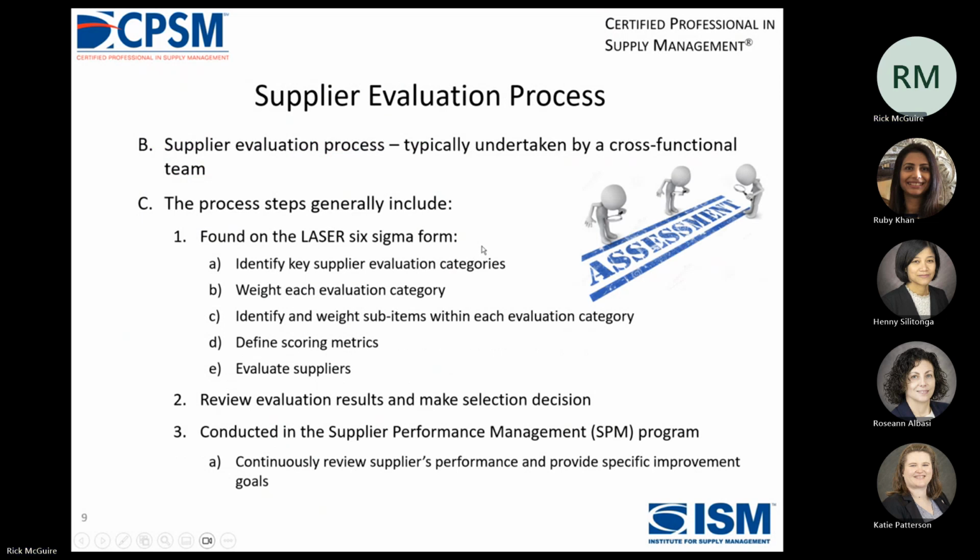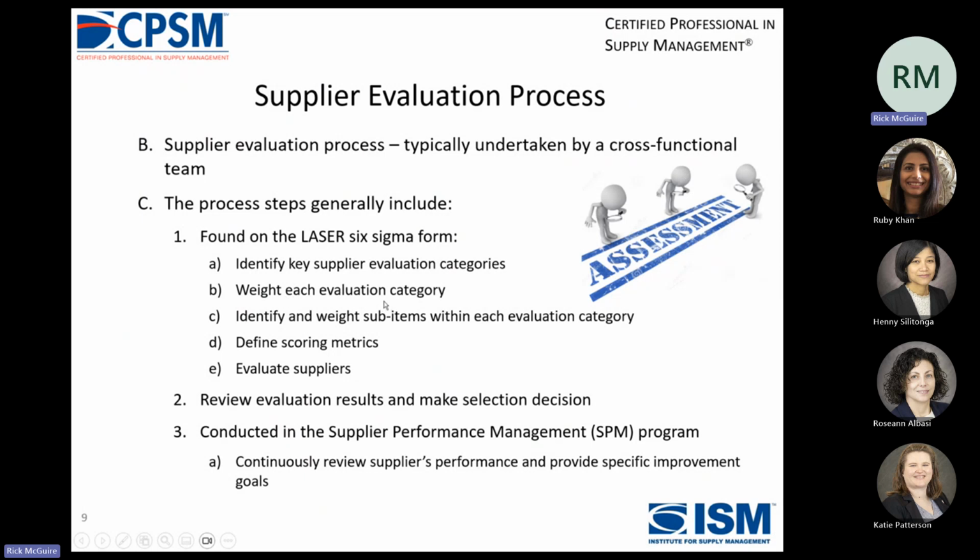So typically we have to evaluate the suppliers. Now we do this with our bigger suppliers in our process that we do quarterly, but sometimes with smaller suppliers, we have to get a little more creative to evaluate them. So identify supplier categories, weight each category.